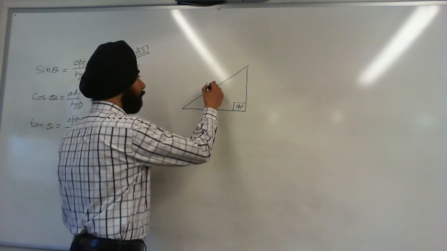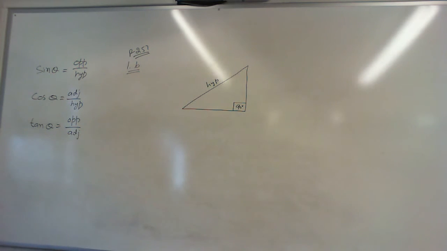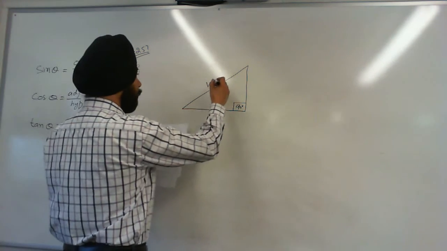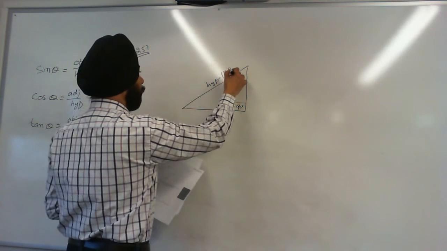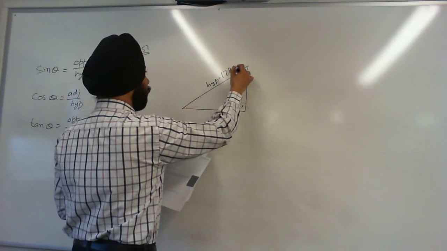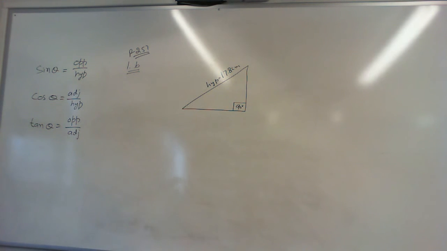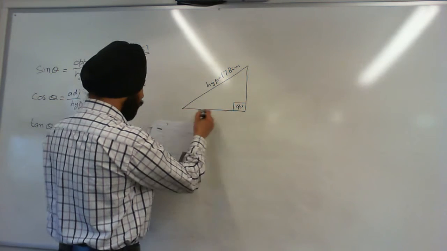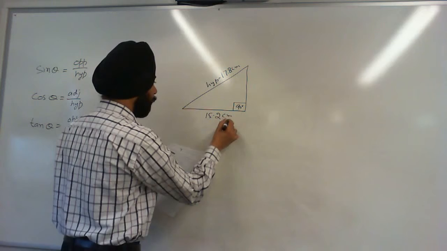This is the hypotenuse. And the hypotenuse is given as 17.8 centimeters. The base is also given, 15.2 centimeters.